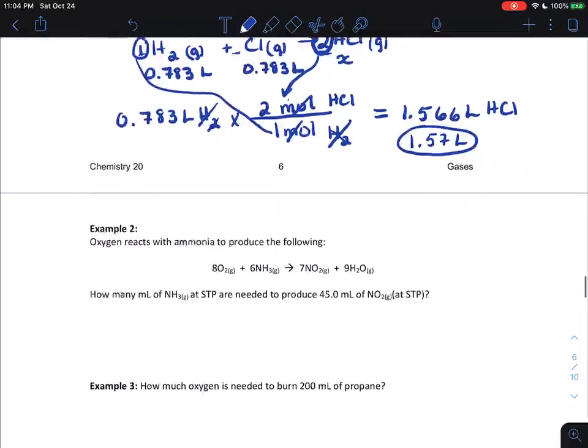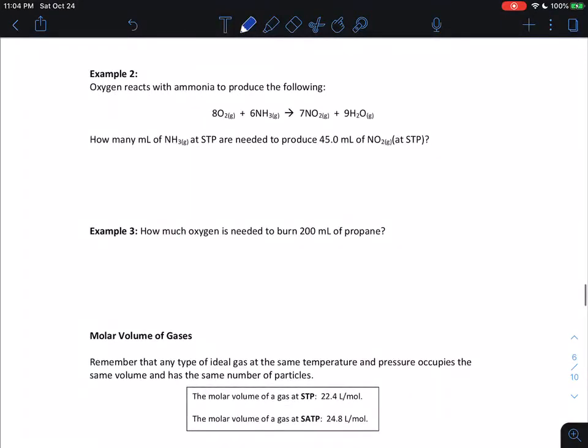All right, let's do a few more examples. Example number 2 says oxygen reacts with ammonia to produce the following. I've given you a balanced chemical reaction. Now, it says how many moles of ammonia at STP are needed to produce 45 mils of NO2 at STP.